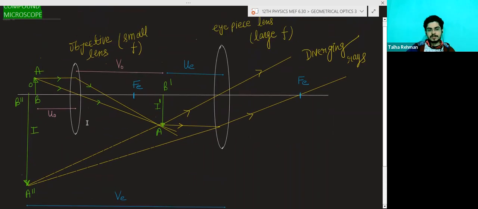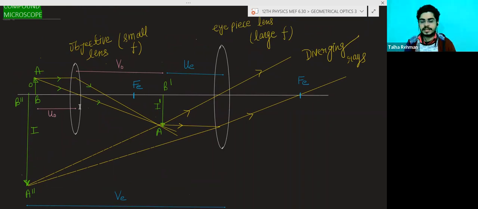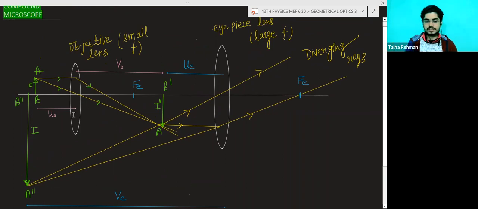Understanding what is happening? Two lenses are there. See the figure only. Don't think about the rays going here and there. Forget that. Think there are two lenses. Number one is the objective lens, another is the eyepiece lens. The objective lens is smaller, the eyepiece lens is larger. Smaller means the focal length of the objective lens is small as compared to the eyepiece lens.